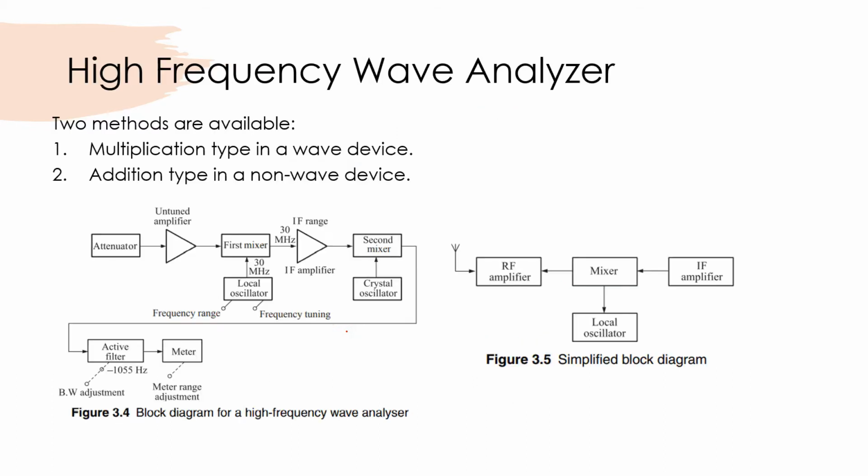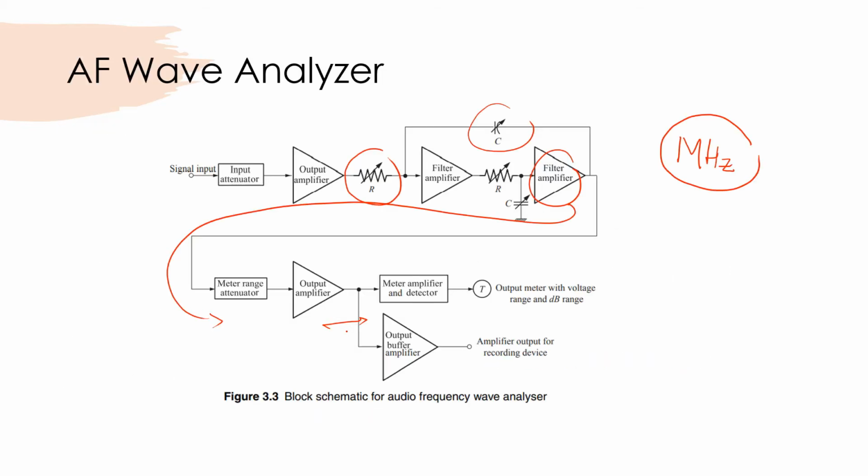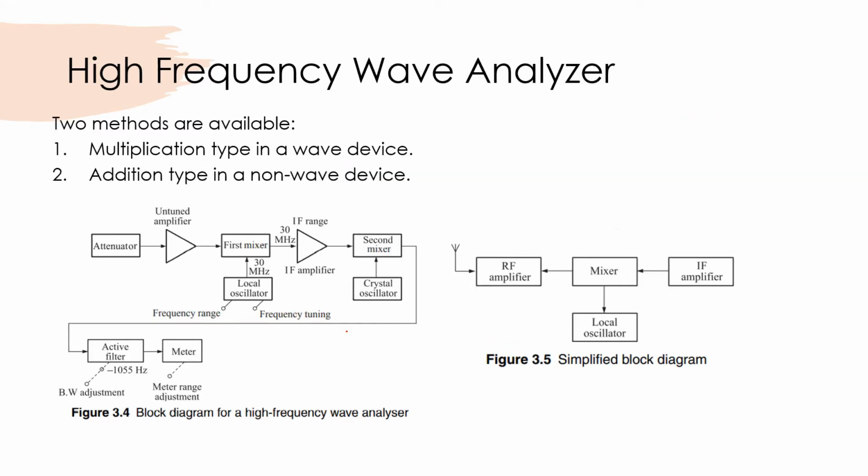Then the next analyzer is the high frequency wave analyzer. Compared to the AF wave analyzer, in the high frequency wave analyzer we can analyze the waveform at a little bit higher frequency. In the receiver, the input amplitude modulated signal, and also the radio frequency signal carrier, we have to combine with the locally generated RF signal in order to produce a signal at a new frequency, or IF.